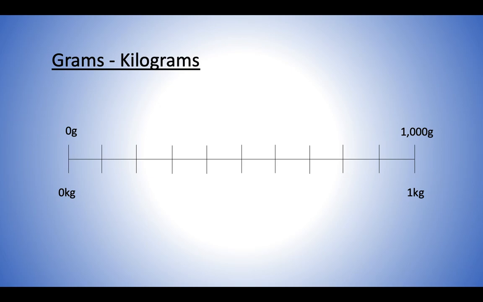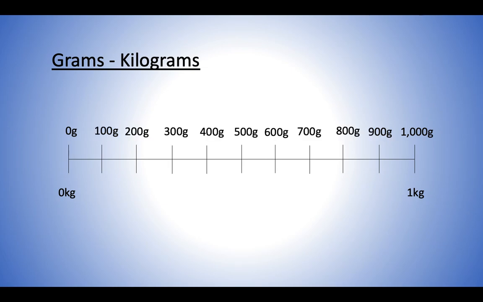That means each line is going to be 1/10 of 1,000 grams. So 1/10 of 1,000 grams is 100, and then 2/10 is 200 grams, and so on. What we've done to get this is divide 1,000 by 10.